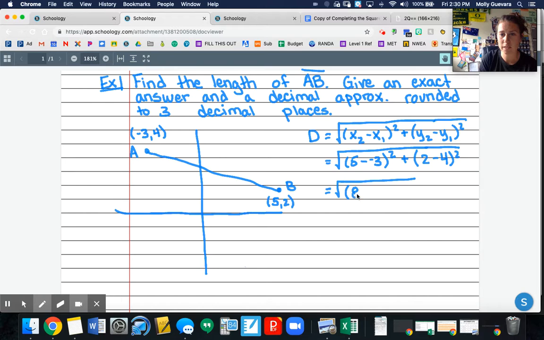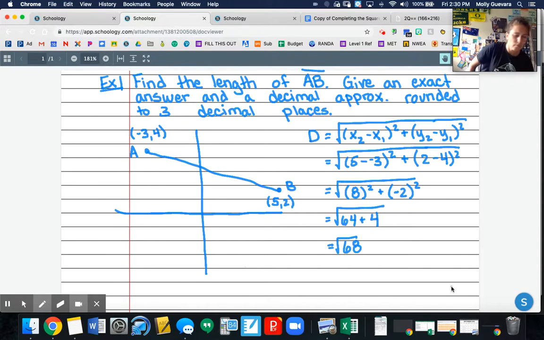So this becomes 8 squared plus, and then 2 minus 4 is negative 2 squared. Keep going. 8 squared is 64. Negative 2 squared is 4. So I get the square root of 68.